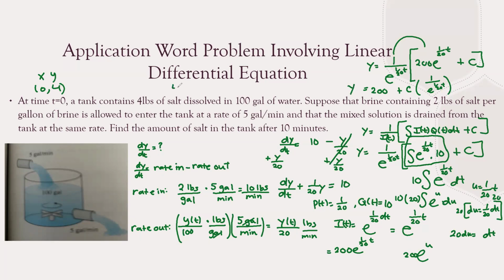So it's going to be 4 equals 200 plus c, and then 1 over e to the t raised to the 0, which is e to the 0, and e to the 0 is 1. So you're left with 4 equals 200 plus c, and then solve for c. So c is 4 minus 200, which is negative 196.